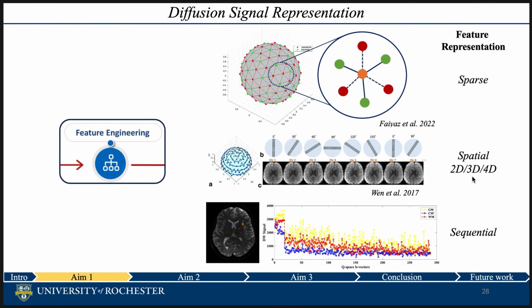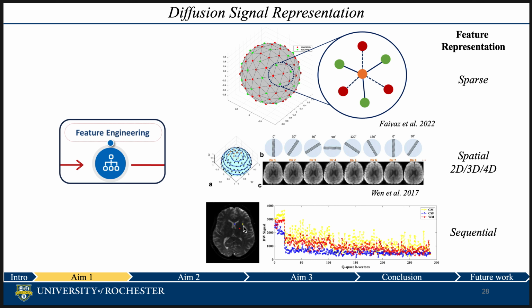Now, to apply machine learning on diffusion signal and to do feature engineering on it, we need to understand the diffusion data. Diffusion data can be represented in different forms. Our diffusion signal can be represented as a sparse representation on the Q space that keeps the angular and geometrical positions of the nodes. We can represent this as a spatial case, like a stack of 2D, 3D, or 4D images.